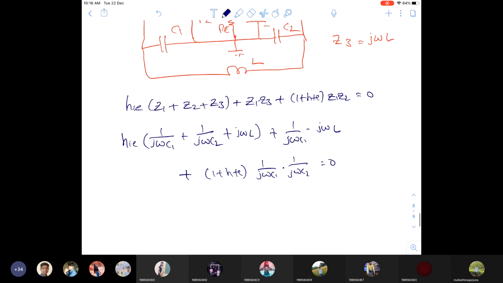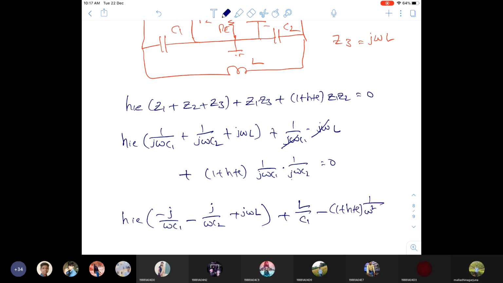So now hie into 1 by j omega C, I can write minus j by omega C1 minus j by omega C2 plus j omega L, plus j omega cancel here, L by C1. So j into j becomes j square, which is minus 1, so I can write minus 1 plus HFE into 1 by omega square C1 C2 equal to 0.